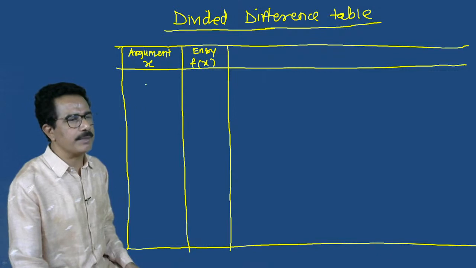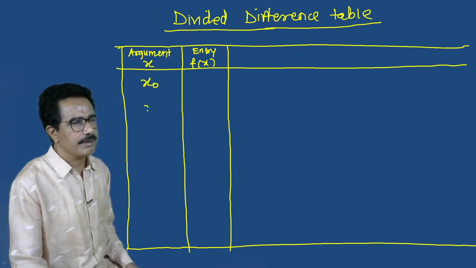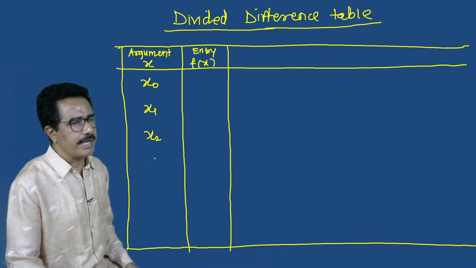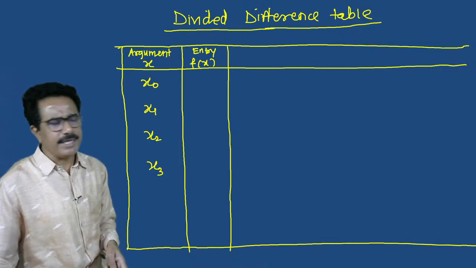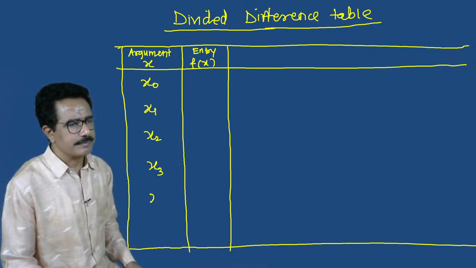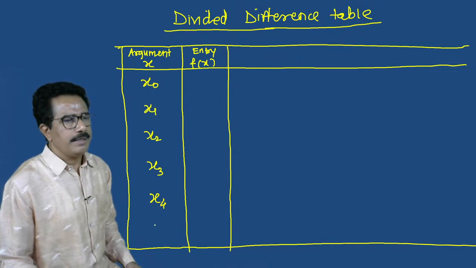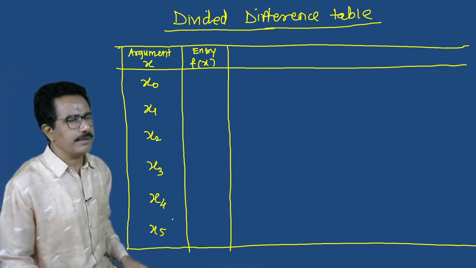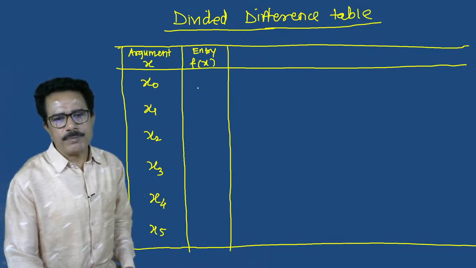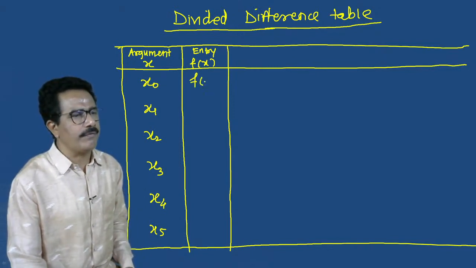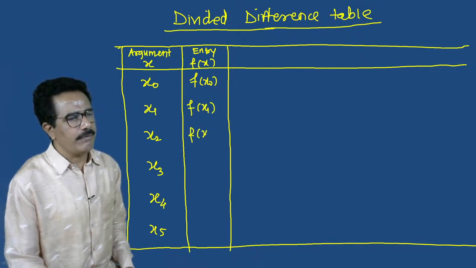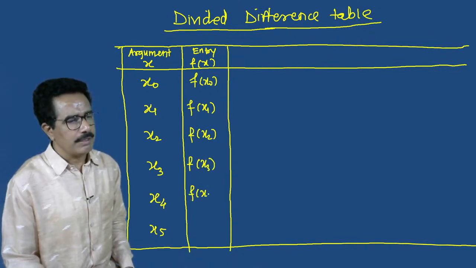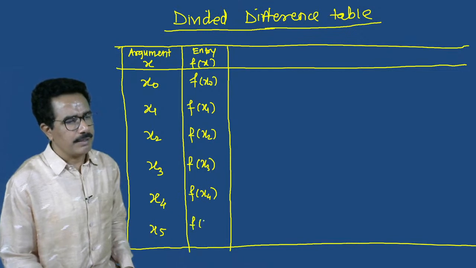Now how we can write, suppose this is the first value x0, x1, x2, x3. In this way we can take any value, that is x4, okay, this is x5. Now the corresponding values of functions are f of x0, f of x1, f of x2, f of x3, f of x4, f of x5.